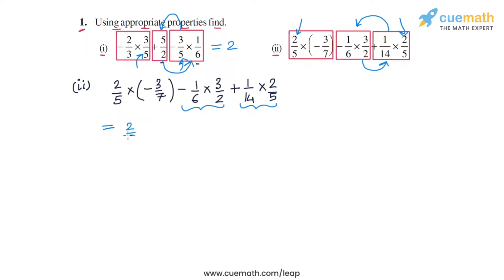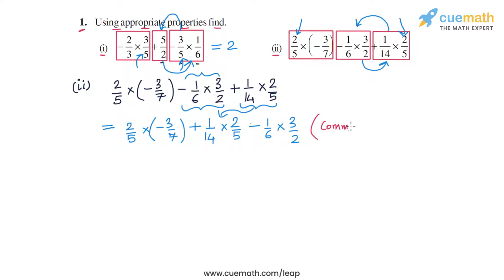So we will get 2 by 5 into minus 3 by 7, and then the third part, 1 by 14 into 2 by 5, and then minus 1 by 6 into 3 by 2, which is basically this part. And this we can do because of the commutativity of addition.